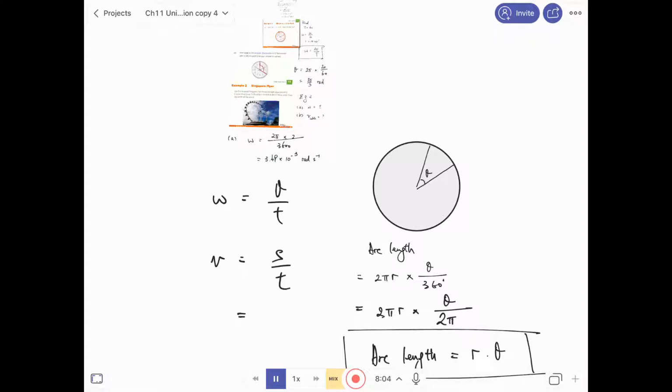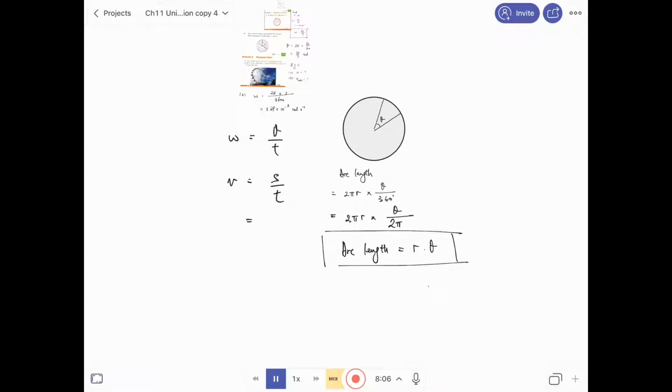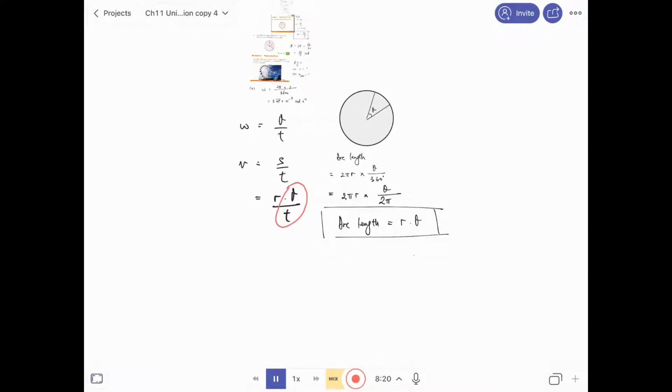Once you observe this expression carefully, you see theta over t is exactly our angular velocity omega. So now we have an expression to relate v to omega, and that is v equals r omega.